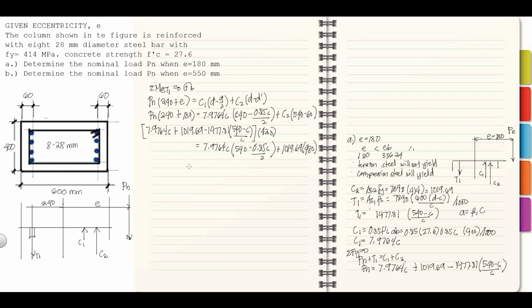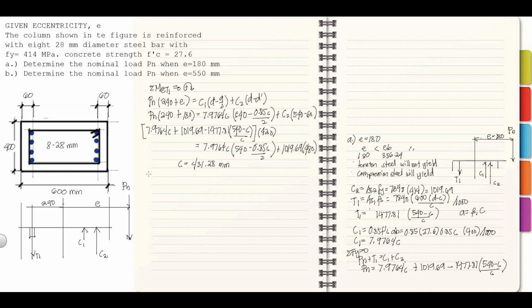If solve, so we will have an answer of C is equal to 431.275. Okay, let's say 431.28 mm. Ito yung magiging C natin based on this equation.